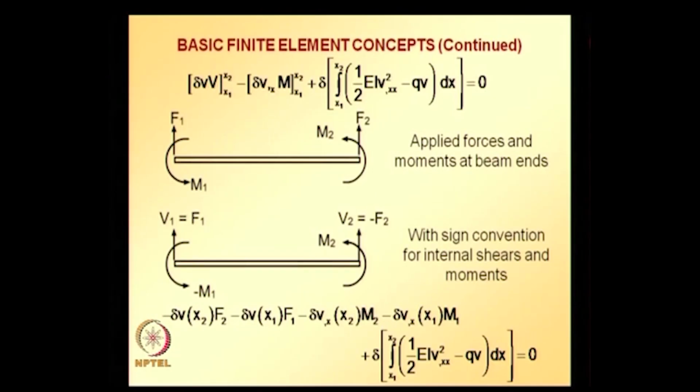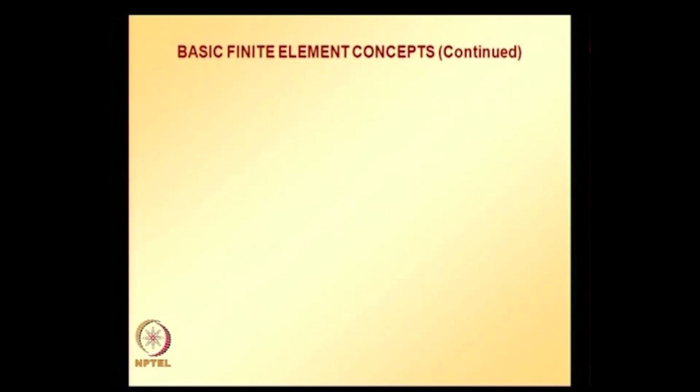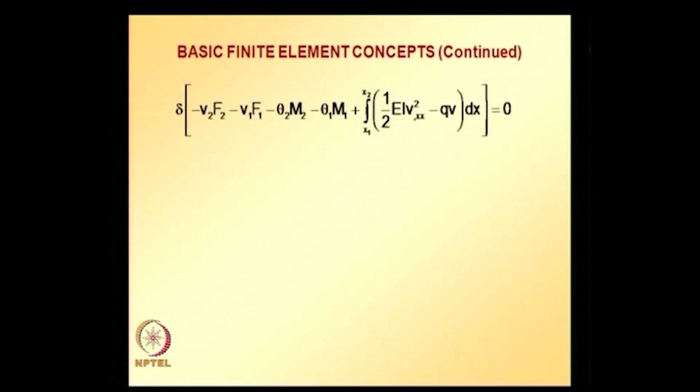Please note that F1, F2, M1, M2 act like constants as far as the variational operator is concerned. So the terms variation of v times F and variation of the derivative of v with respect to x times M can be grouped together, and the total functional can be written in this manner.